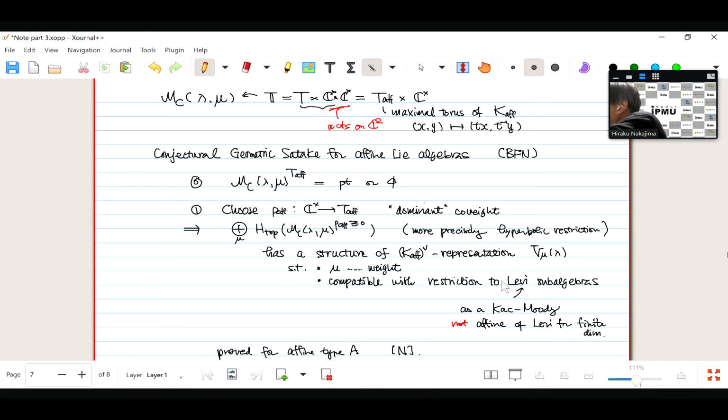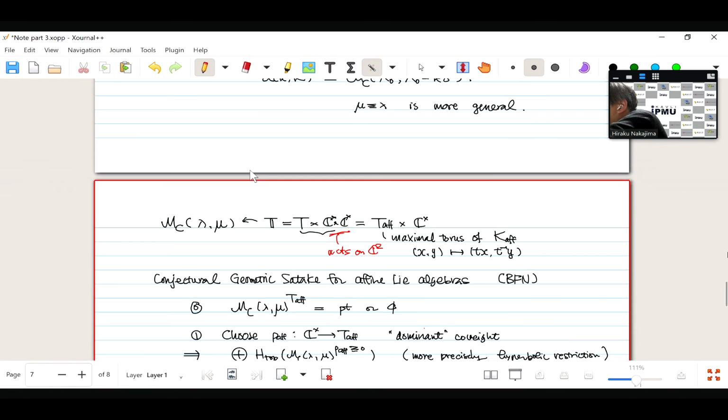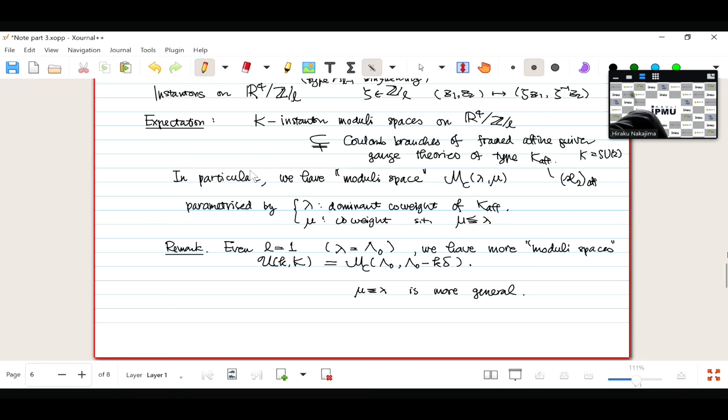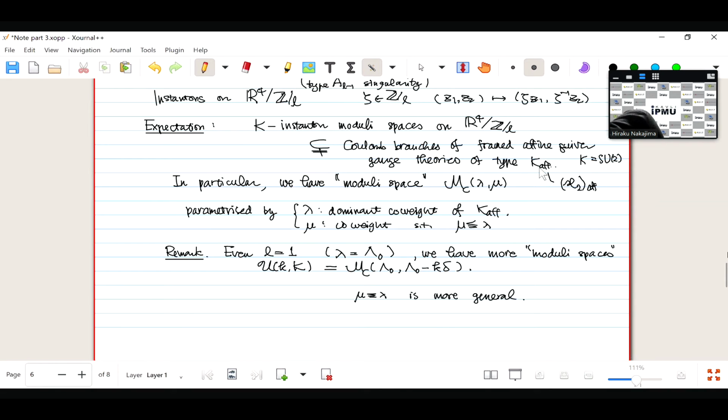The Coulomb branch can be defined for any choice of the group and its representation, but here we just briefly mention this. We consider the framed affine quiver case. So we take an affine quiver, but instead we can take a finite type quiver, so an ADE type quiver.